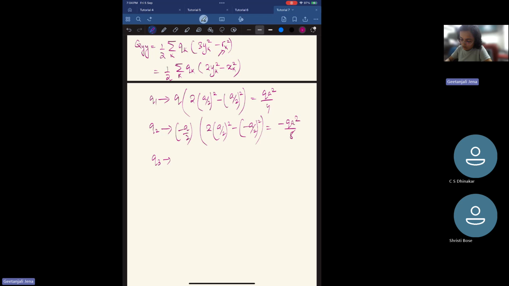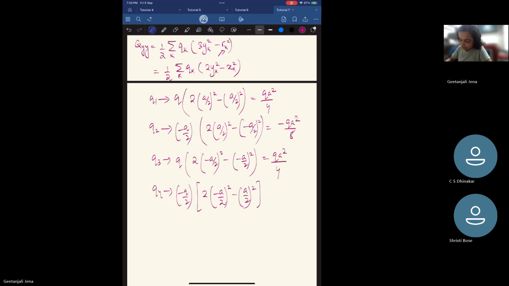For Q3, it is Q, yk is a by 2 squared and xk is also minus a by 2 squared. So this will give Q a squared by 4. And for Q4, it is minus Q by 2, xk is minus a by 2, sorry, yk, and x is a by 2. This is Q a squared by 8.